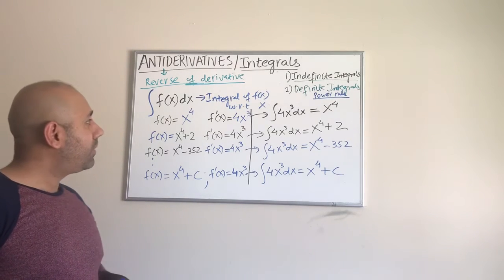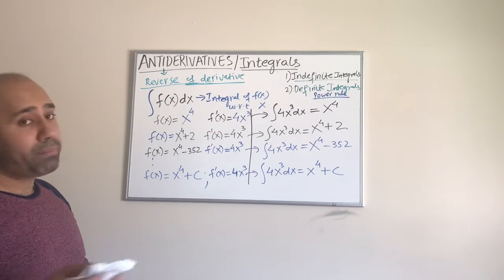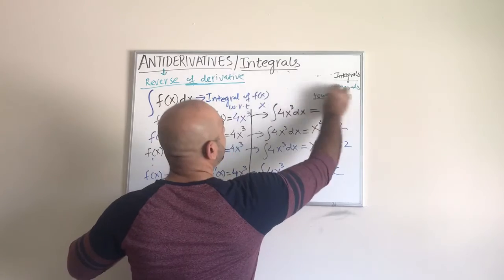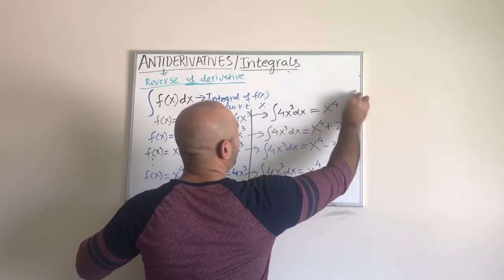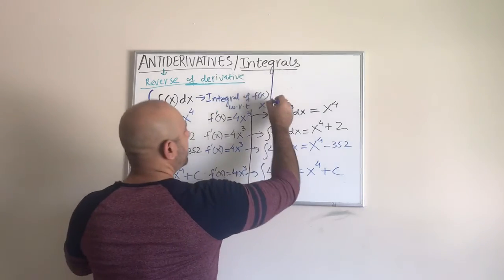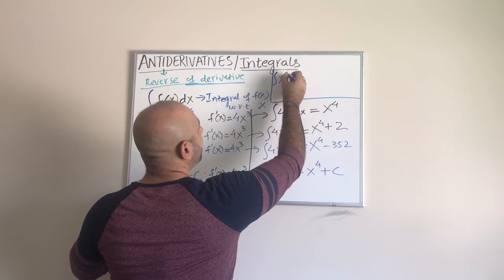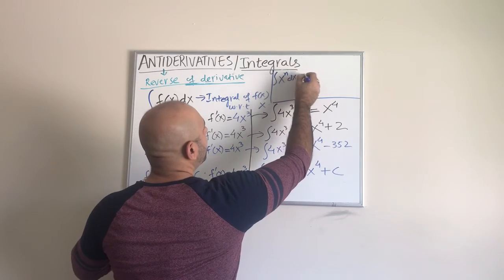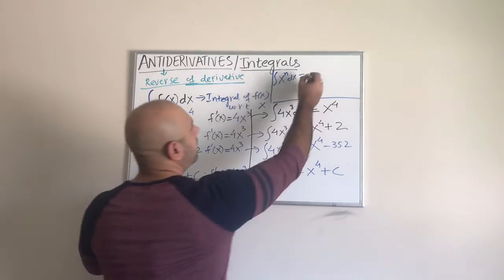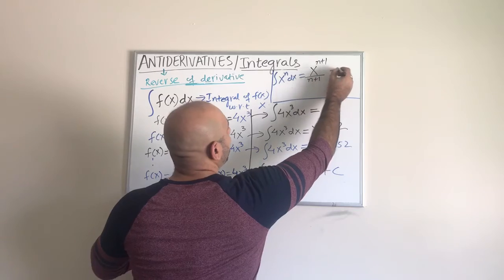Okay, so let us actually write the formal definition for the power rule here. Again, I'm going to get rid of some of these things right here. So I think we can get rid of this, and I want to write it back here. So here we have the power rule, which is the integral of x to the n dx equals, and we know it's x to the power n plus 1 over n plus 1, and then there's a plus c.